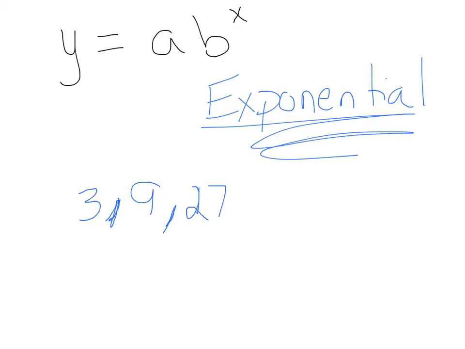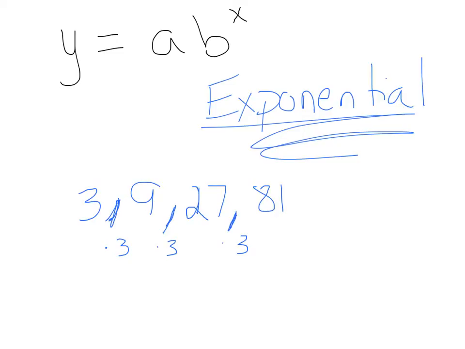Goodness gracious, it's getting bigger faster. And that's the point of these exponential functions, because they're changing by a constant factor, not a constant slope or a constant rate of change, like where you're adding 3 every time. Instead, you're going to be multiplying by 3 every time, like so.